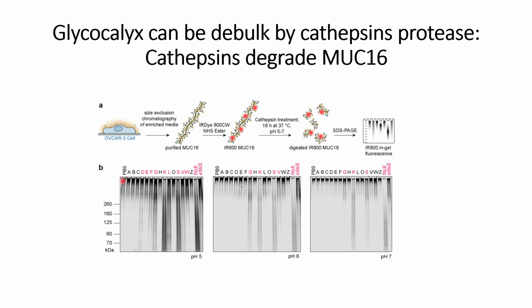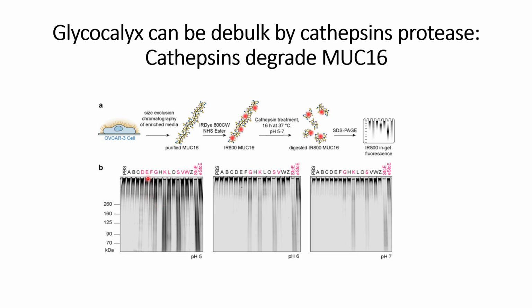In the results, since MUC16 has a high molecular weight, in the case where the protease didn't work, they can only see signals at the top, and where the protease works, they see fragments at lower molecular weight, or a smear of fragments, which shows higher protease activity.